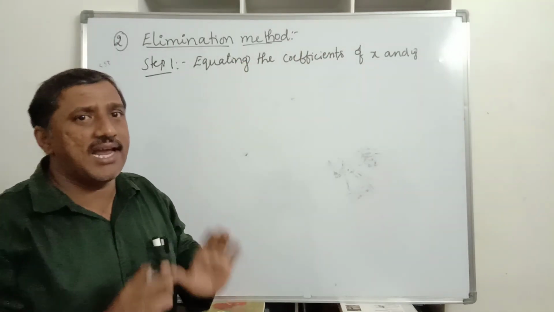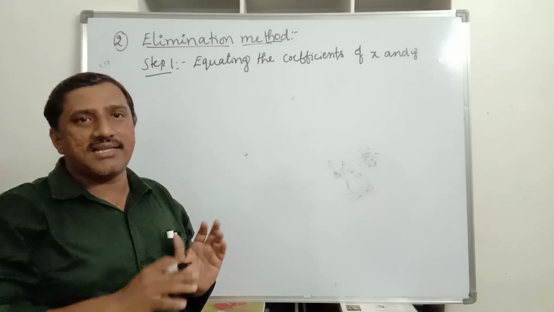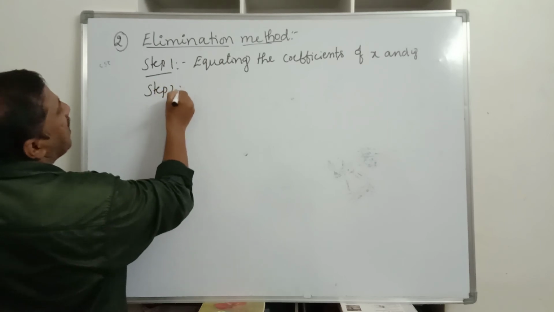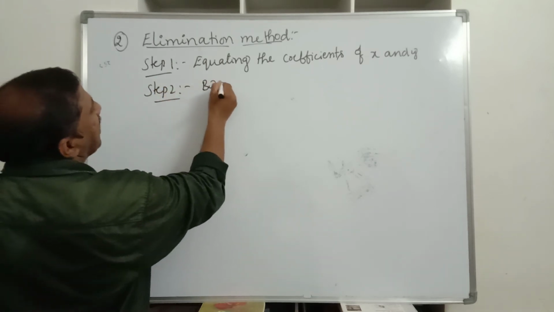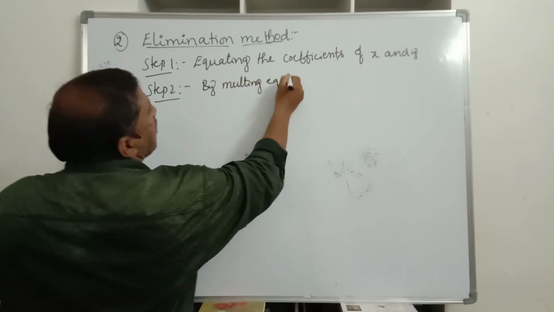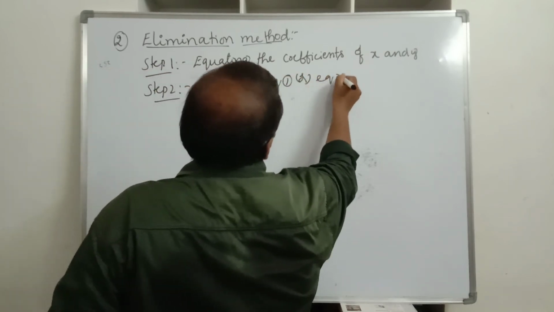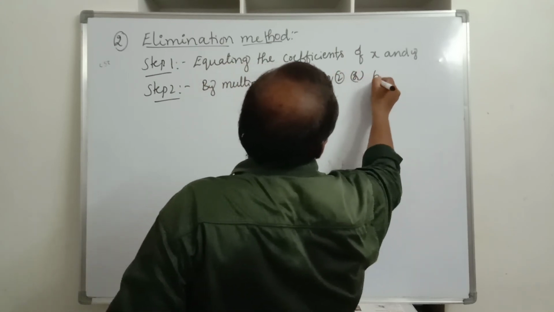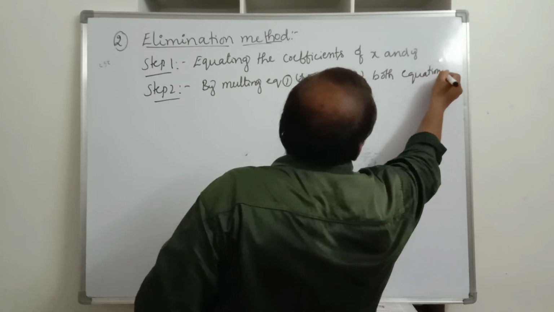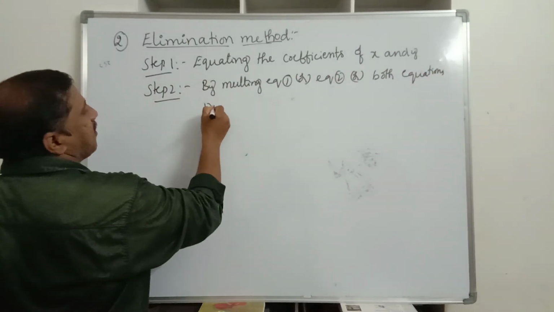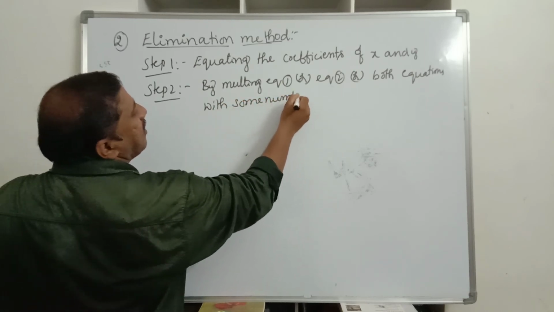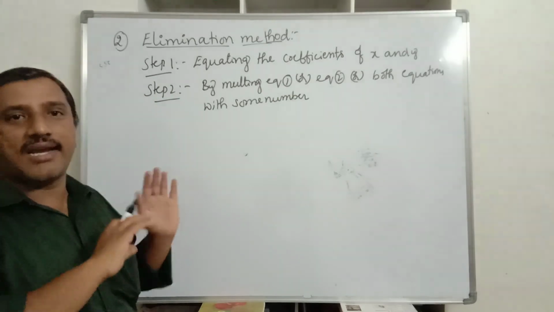We have to equate the coefficients of either x or y. How is it done? That is step 2. It is done by multiplying equation 1 or equation 2, or sometimes both the equations, with some constants, with some number. Then the coefficients will be equal, either x or y.